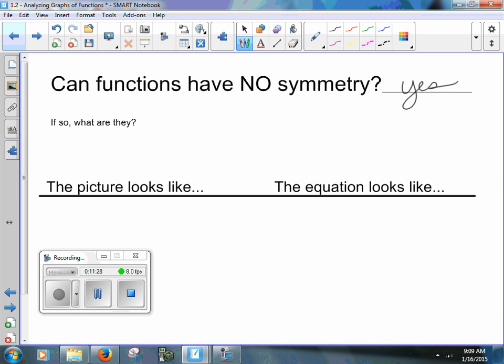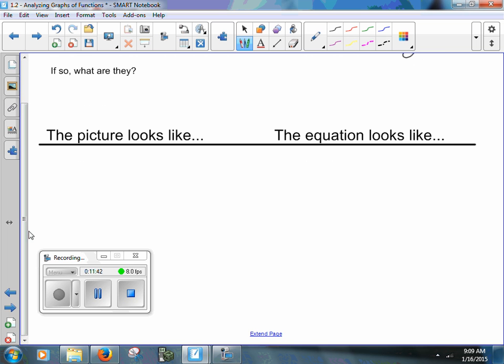I don't care if you write this in this manner, with a chart. I don't care if you do that or not, it just makes it easy for me. If a function is not symmetrical, then couldn't it look like this? I mean, is that symmetrical?